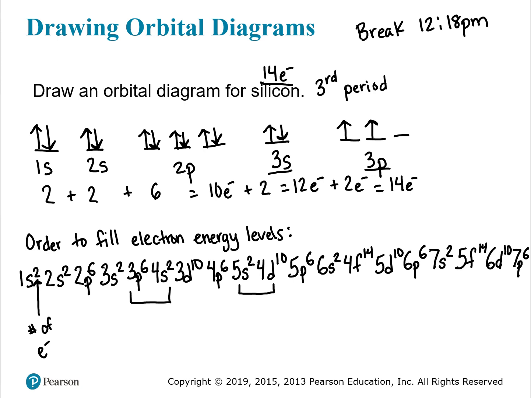And what I wrote for you before we had a break was all of the electron energy levels and sublevels, the maximum number of electrons that can fit in each, and the order that they fill. So this is the lowest energy, all the way to the highest energy.